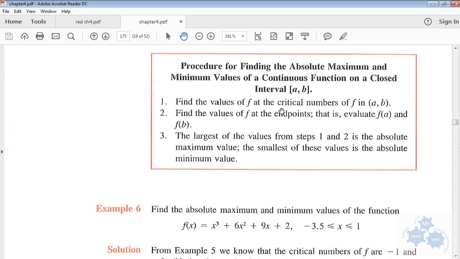And then you evaluate the function at those critical numbers. So let's say you found the derivative of a function and you found critical numbers at 2 and 4, then you would find f of 2 and f of 4 to find out what the y values are associated with those. And you would also find the values of the function at the endpoints and evaluate f of a and f of b.